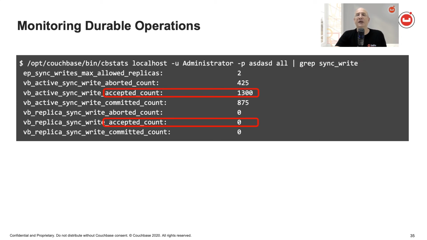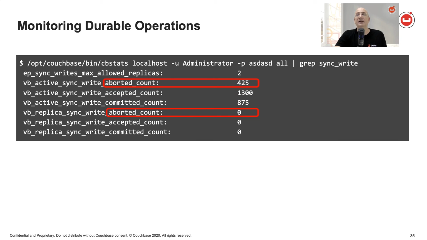The accepted count is the number of commands that were accepted by the node that holds the active vbucket. The committed count is the number of commands that were committed successfully in the cluster. If there are no issues, the accepted count should be equal to the committed count. In case of issues, you'll see the aborted counter increases.